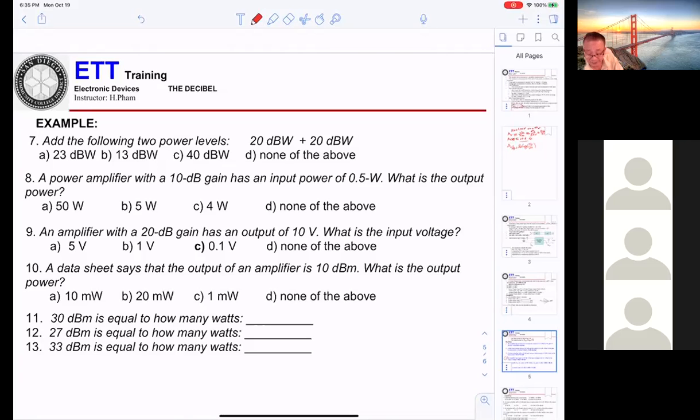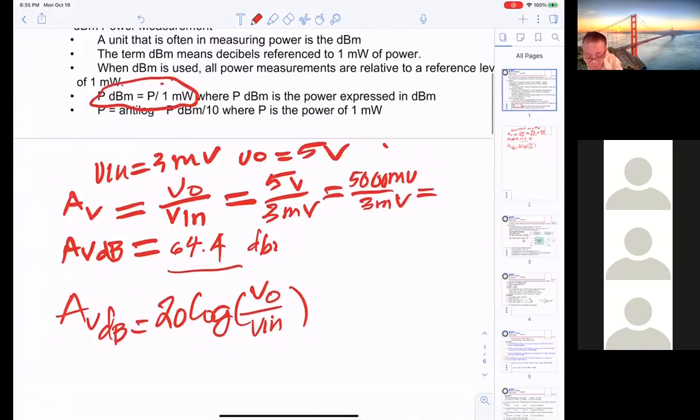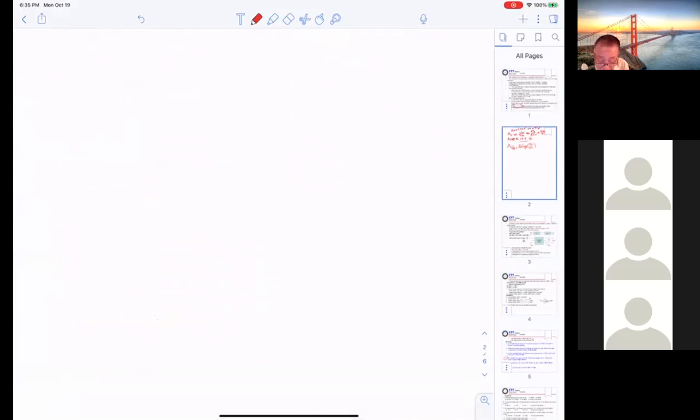Okay, so now I can try to see if I can do 20 dB watt adding 20 dB watt. So first thing you have to convert dB watt to watt. I got 23.